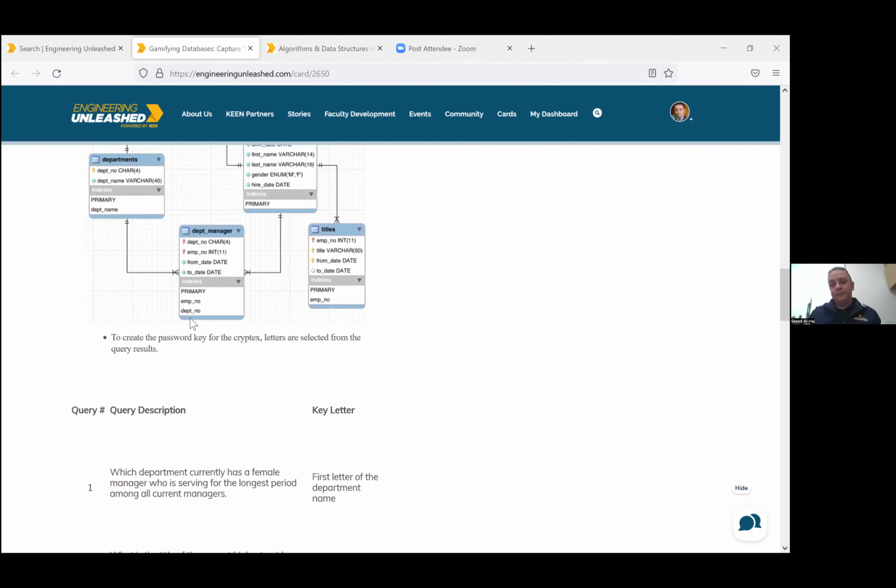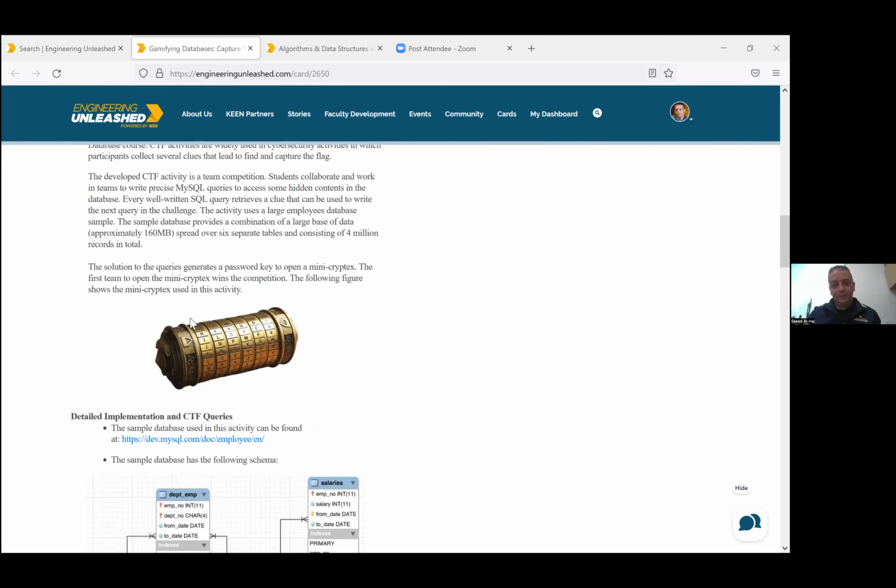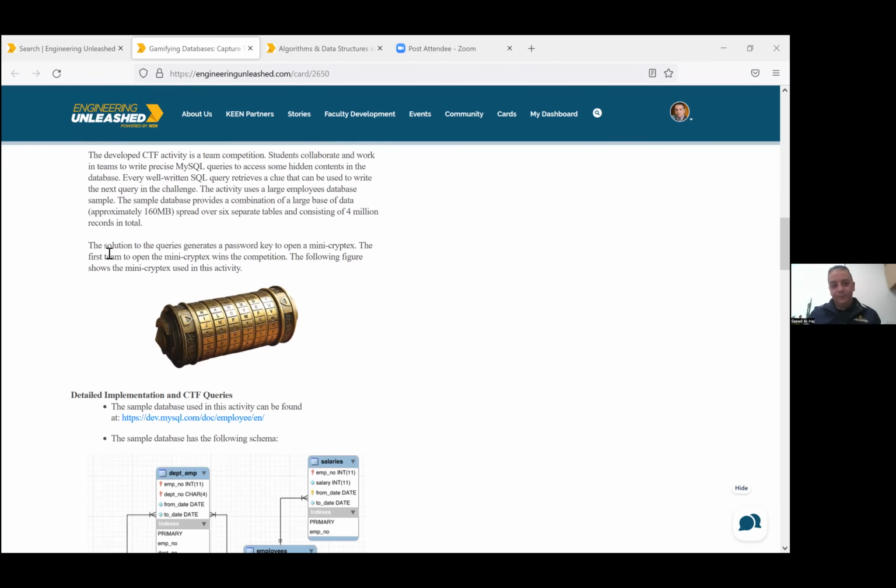Understanding the relationship between one challenge and the next is super important. So I love this. It's a really clever combination of challenges you've built here.